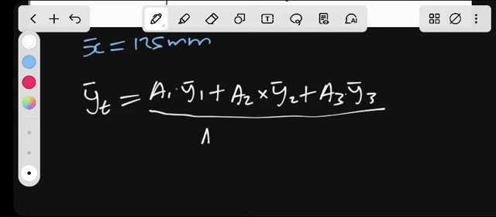The total area will be area 1 plus area 2 plus area 3. So this is what we're supposed to have.